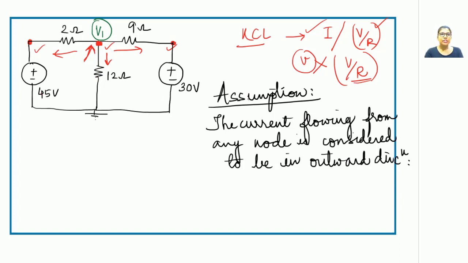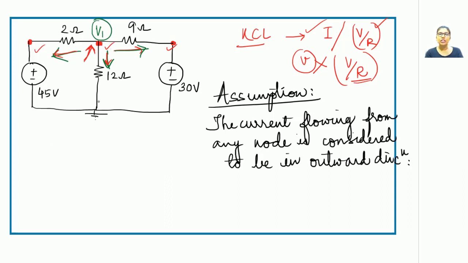As we know, our assumption is that the current should be flowing in the outward direction from any node that we consider. We have only one node over here, that is V1, so the current will be flowing in the outward direction only. How many branches are connected to this node V1? This is very, very important.